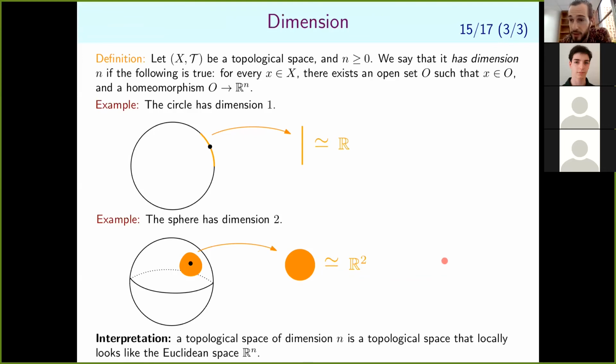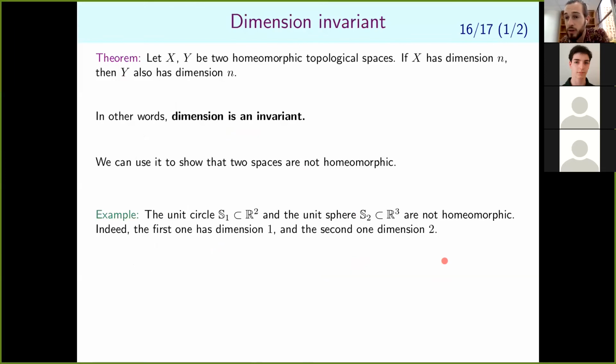And we are lucky because dimension is an invariant. If we have two topological spaces that are homeomorphic, then if one of them has dimension n, the other one also has dimension n. So dimension is an invariant.